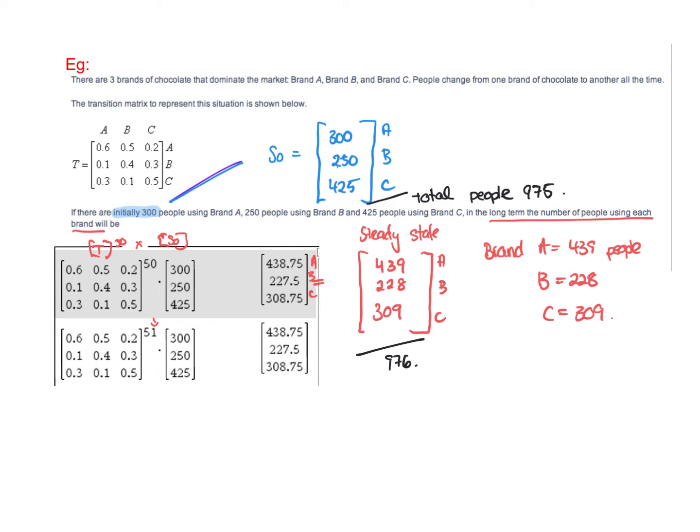And that was mainly because, see this one here, the 227.5, I rounded up. And by rounding up, because I rounded the other two up, we're sort of gaining it. So we probably need to change this one to 227. I don't think they'll do this nicely in the exam, but just to show you, you haven't lost or gained any people. So your total should always add up to what you had in the beginning.